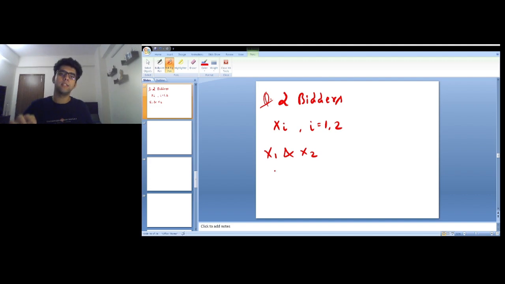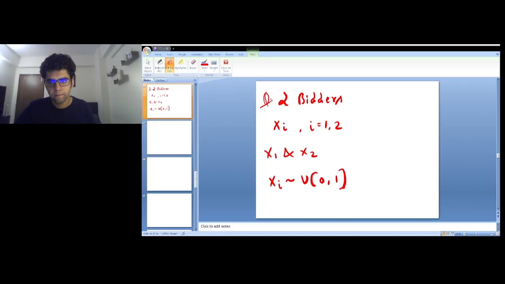Valuation of a buyer is private information. However, it is known that each of them independently draws their valuation from the uniform 0 to 1 distribution. Therefore, x1 and x2 are uniformly distributed, so each xi is uniformly distributed from 0 to 1.